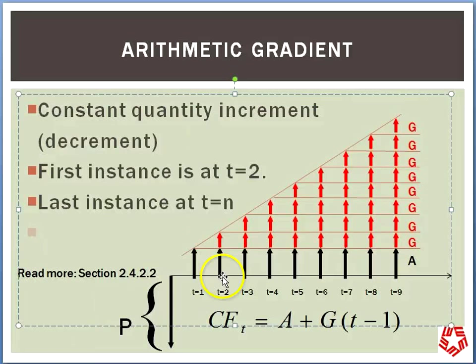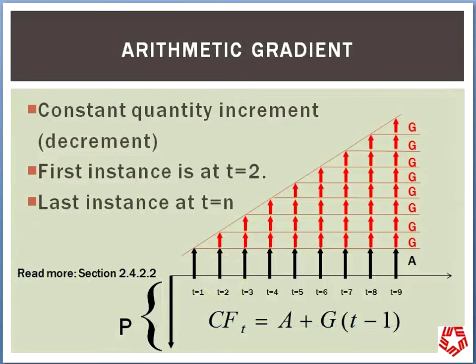One more thing that you need to consider is that the gradient could have a negative value, in such a way that maybe the first payment is larger and then it decreases by the same fixed amount every time. The computations for each one of the cash flows can be done.